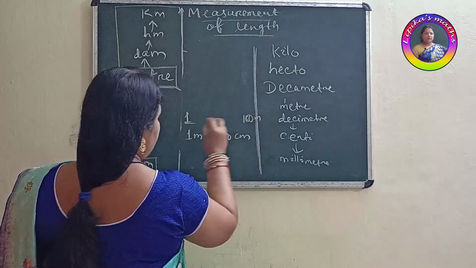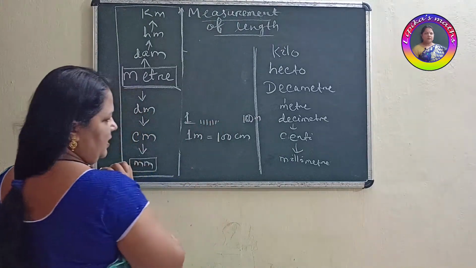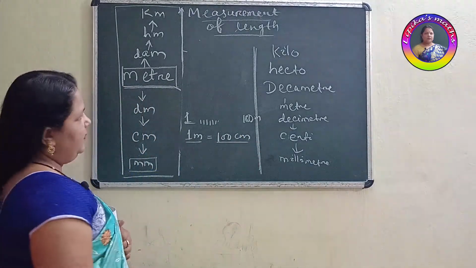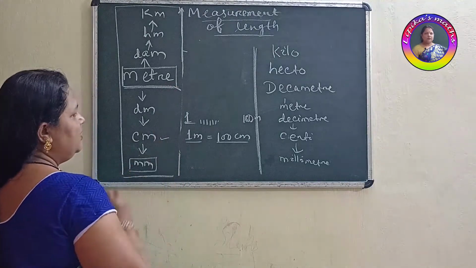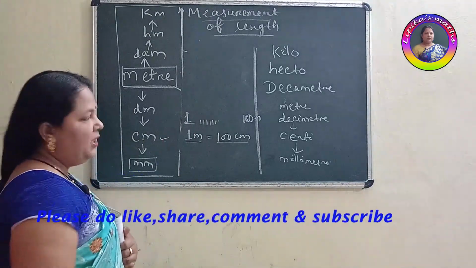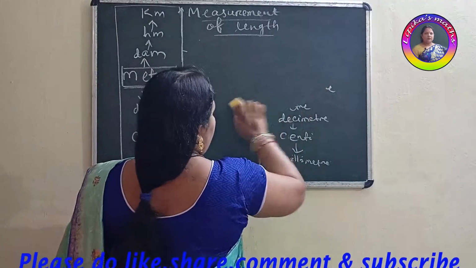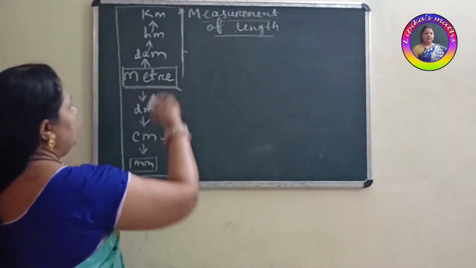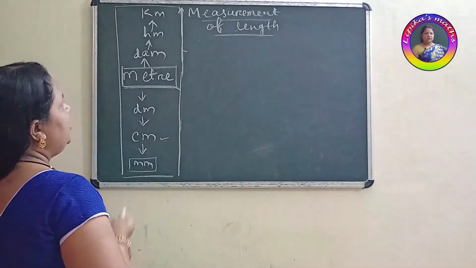That means in 1 meter there are 100 small divisions. So meter is here, centimeter is here. So how are we telling that 1 meter equals 100 centimeter? I am going to show you how 1 meter equals 100 centimeter, or how much meter 1 centimeter equals. So easily, one formula you can remember.